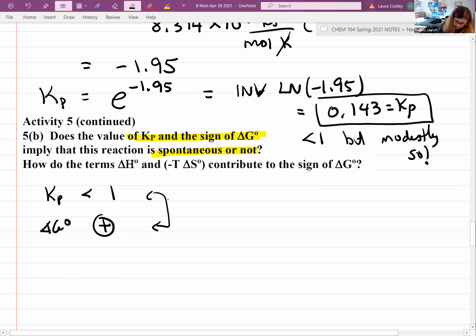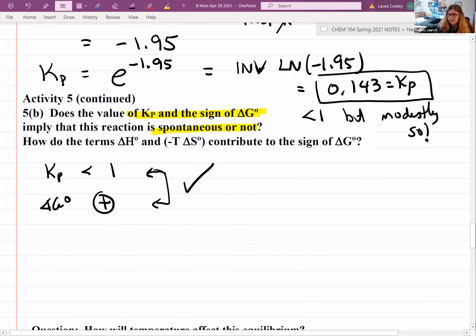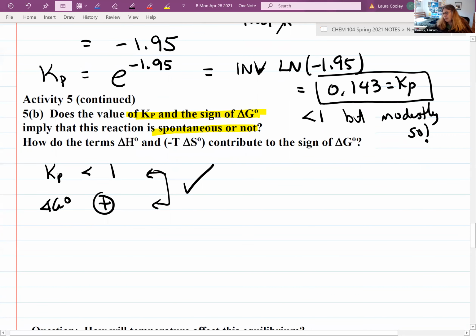And this correlates. You should take a look at that. If you do a problem and you had a positive delta G, but you end up with a K that's greater than 1, you should start scratching your head about that. It doesn't make sense, because a positive delta G means spontaneous in reverse. It favors the reactants. You should have a K that's less than 1.